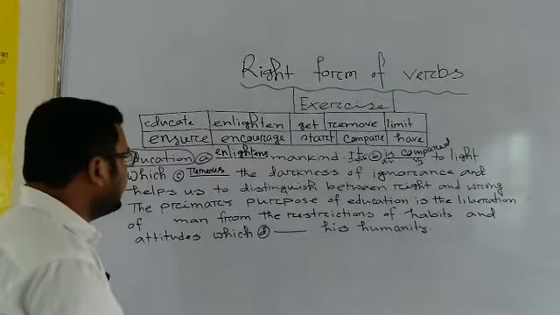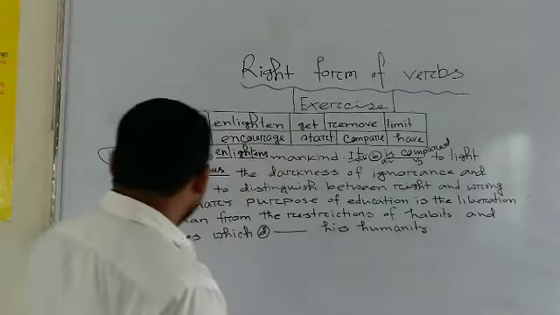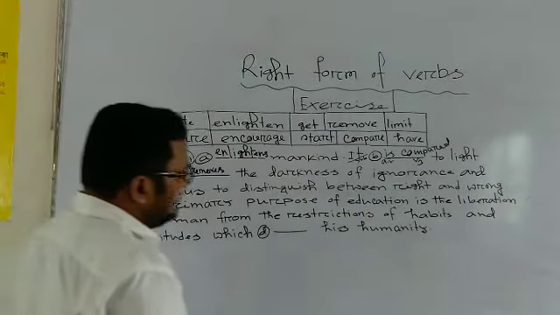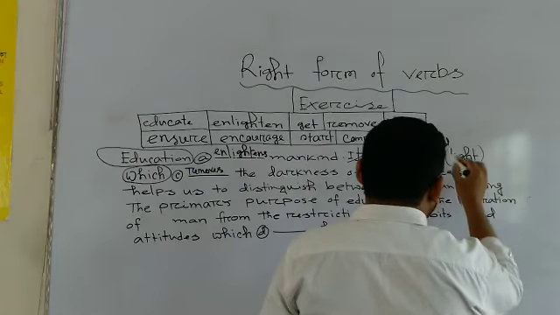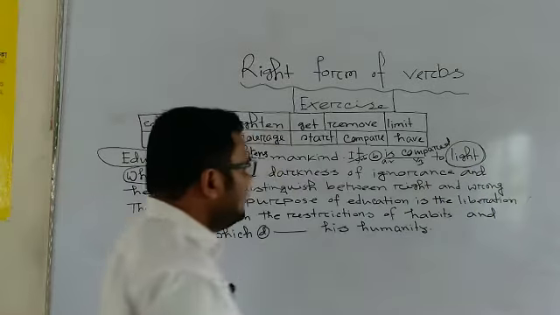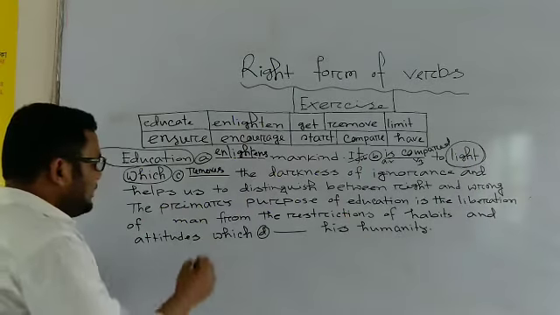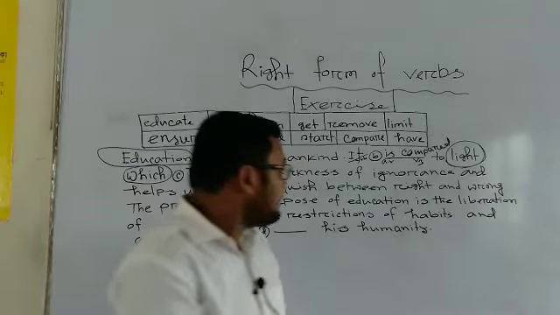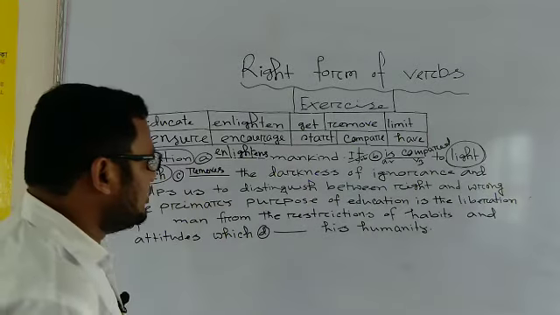Here which is a relative pronoun. Before a relative pronoun, the noun is called the antecedent. Just according to the antecedent, the subject will be decided. Here light is third person singular number. As a result, we should add s or es at the end of the verb. So it would be removes the darkness of ignorance and helps us to distinguish between right and wrong.